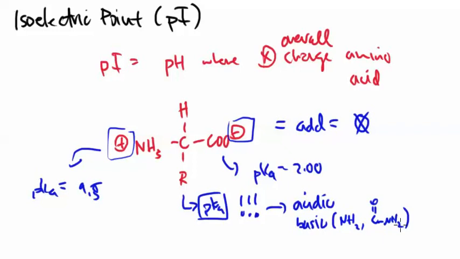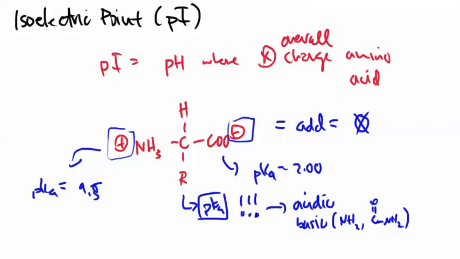So we know that some of these can be protonated as far as their side chains go, and those pKa's for the side chains are also listed for you. These are the numbers that we need in order to work out the PI values for the amino acids.